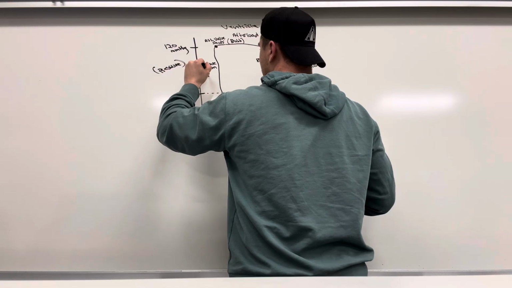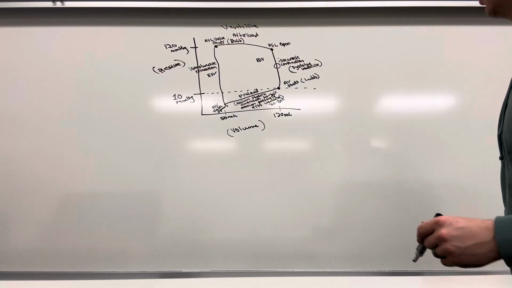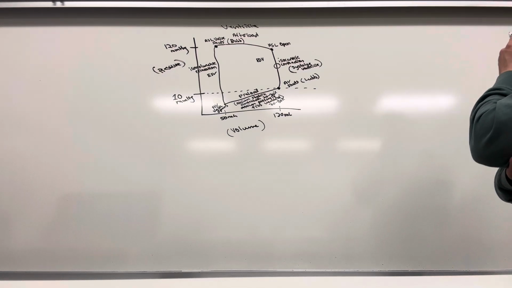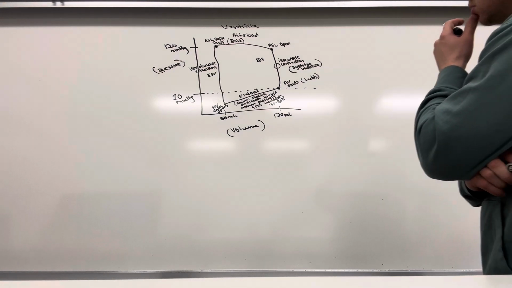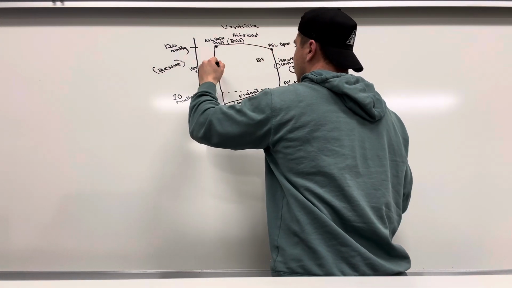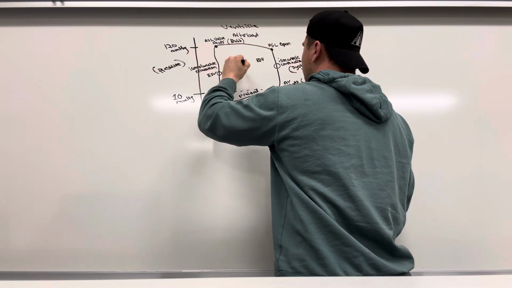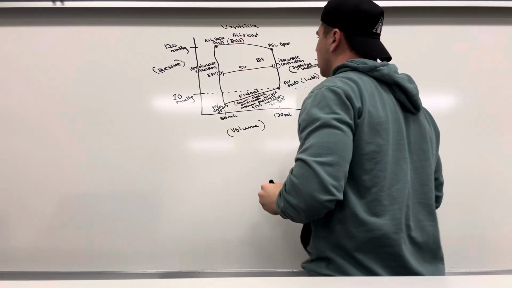And this is the end systolic volume. Okay, so end diastolic, end systolic volume. Okay, so what do we get from that? Well, we get something called stroke volume there.